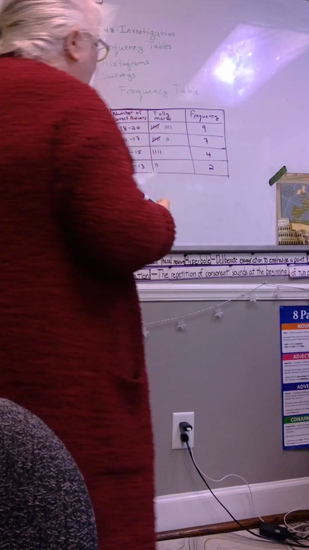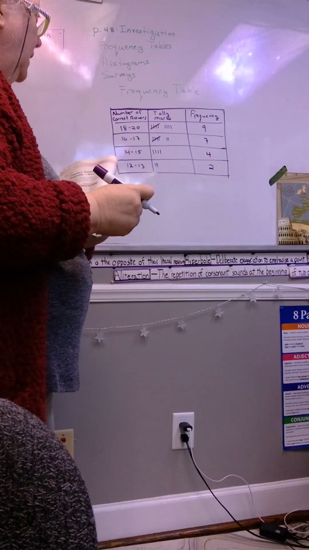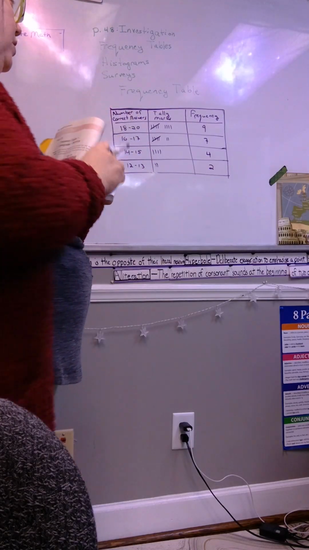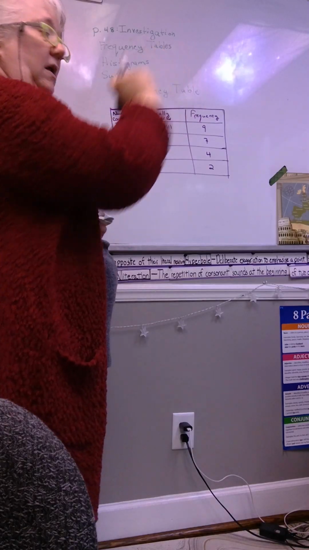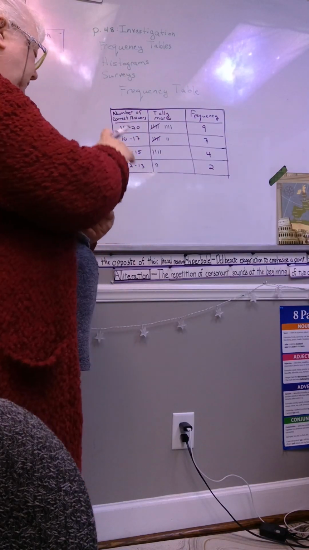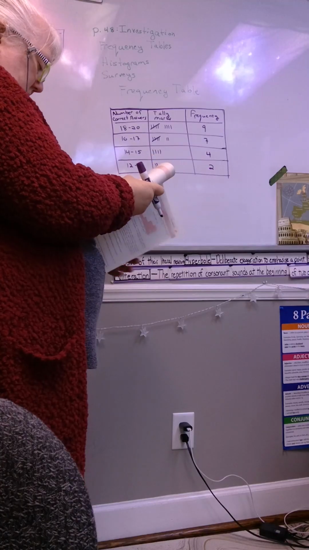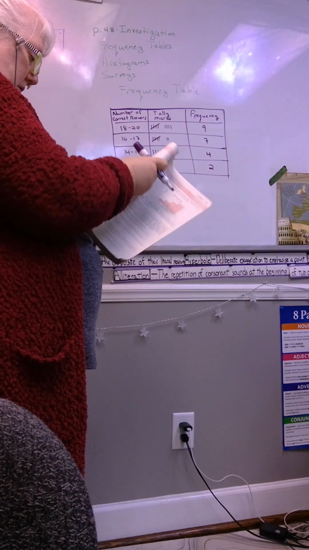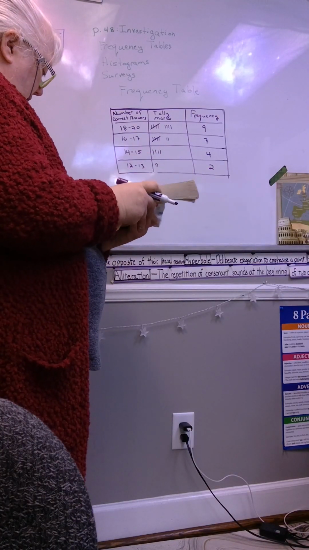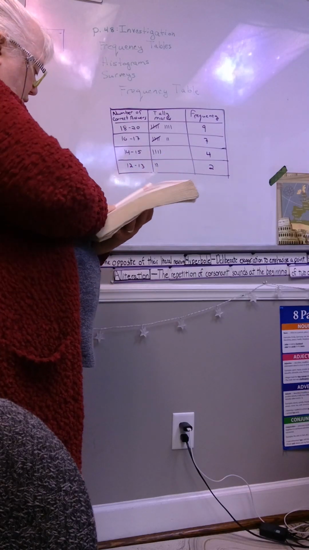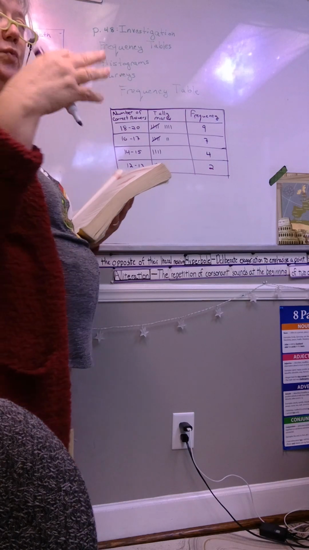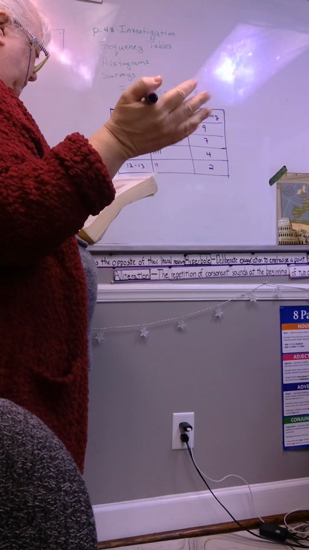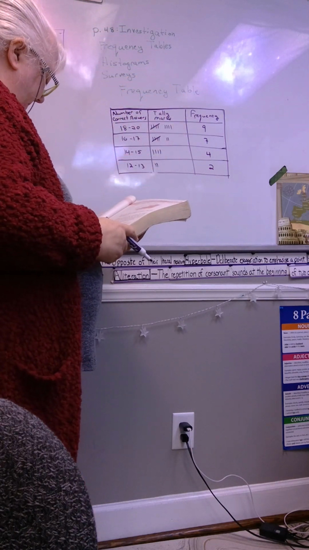Okay, so when we do tally marks, we do 4, and then for 5, we draw a line through the 4. So it asks us some questions. Notice that the number of correct answers is a range.